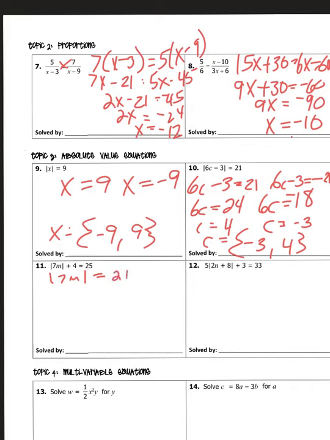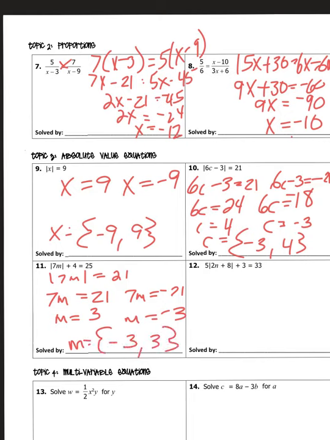Now I have the absolute value by itself, and I can say 7m equals positive 21, and 7m equals negative 21. Divide by 7 in both equations, and you get m equals 3, and m equals negative 3. So in solution set notation, negative 3, 3.